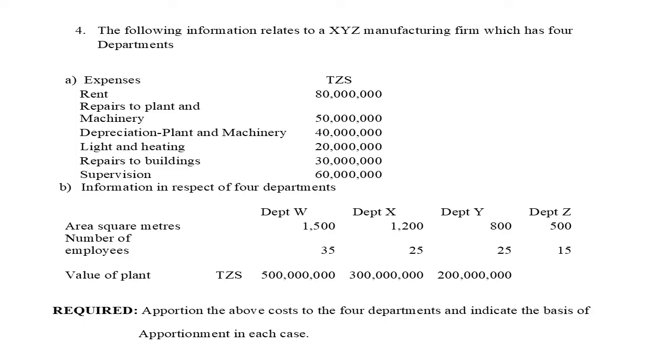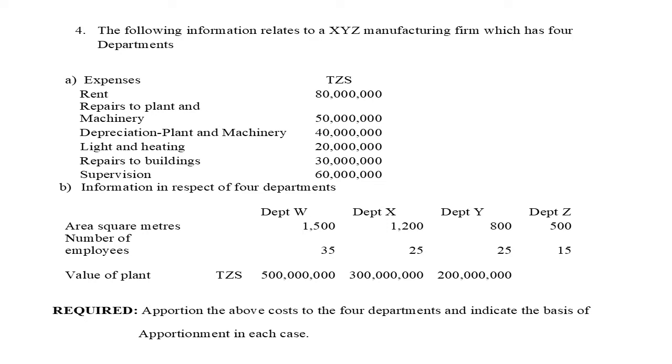For repair to plant, again, you cannot use area, because what we are repairing is the plant, so the higher the value of the plant, the higher the cost of repair you should take.